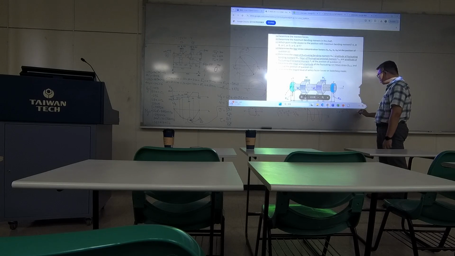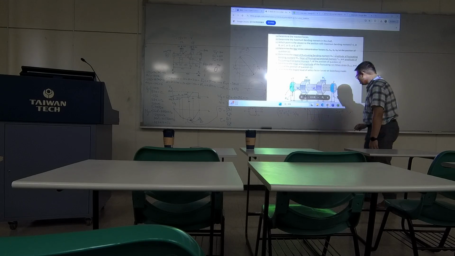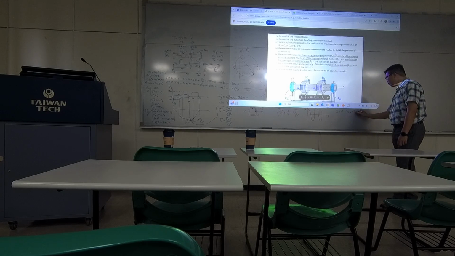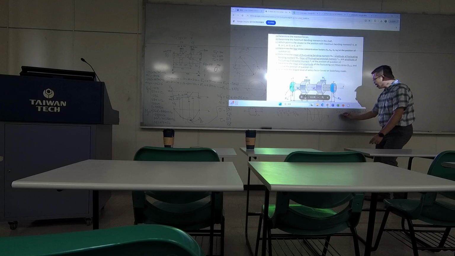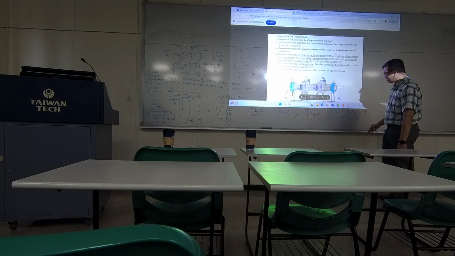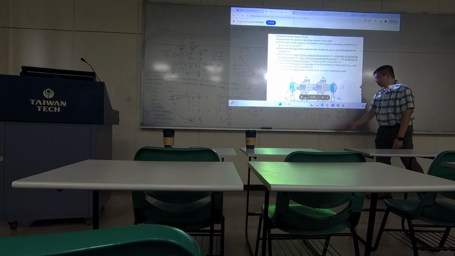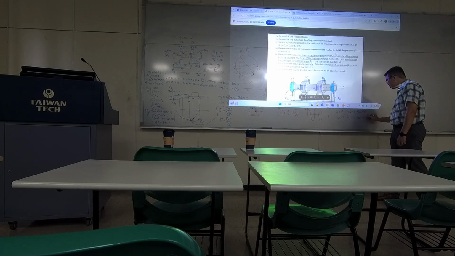S1 amplitude equals whatever S1 you determine right there from the Mohr circle. Similarly, S2 mean equals 0 because it's fluctuating like a sine wave. But the S2 amplitude equals the S2 you determine from the Mohr circle.